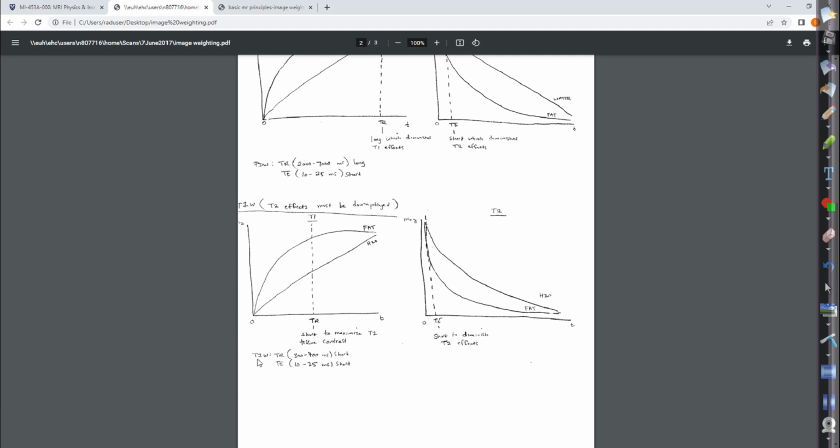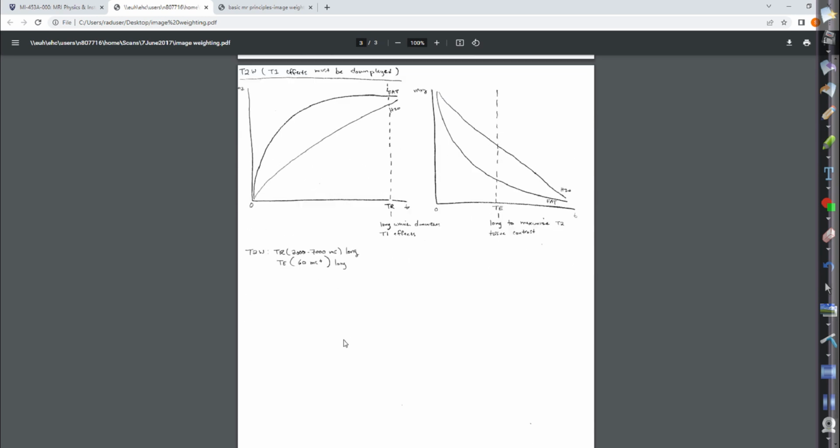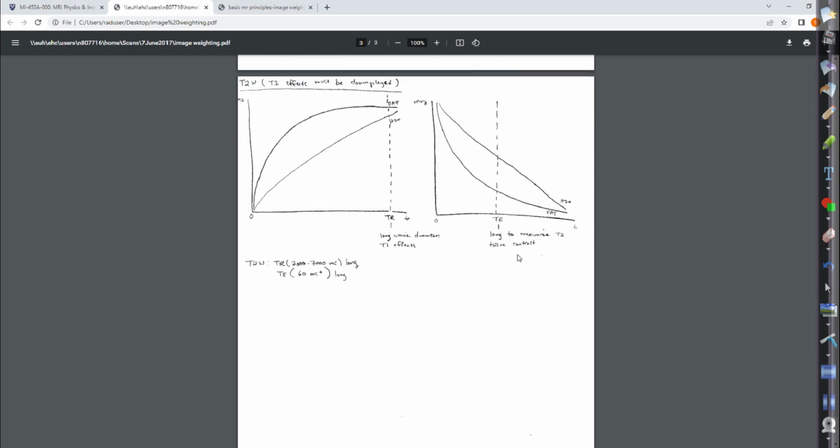So our ranges for T1 weighting is short TR, 300 to 700, and then our TE is 10 to 25. And then our T2 weighted, we are trying to highlight T2 contrast and diminish T1. So how we diminish it, we allow those tissues to fully recover. So we select a long TR, and then we select a longer TE to allow those tissues to start to decay.